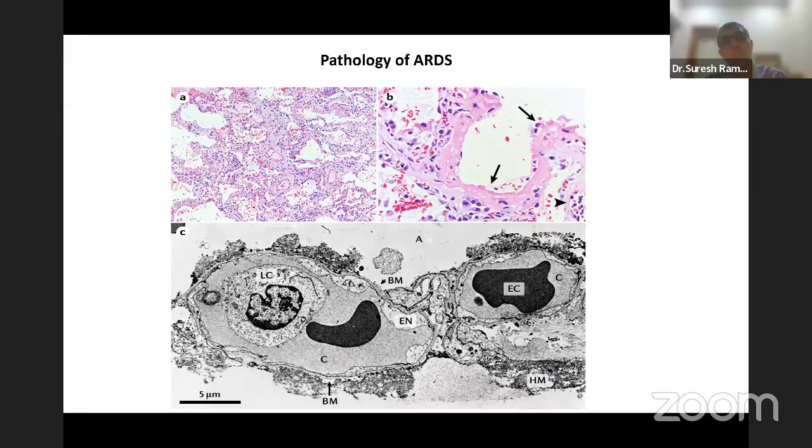And to extrapolate those things to the alveoli and try to open up all the alveoli is where these concepts come from. And this may not be possible in ARDS, because it's a heterogeneous disease, and the loss of surfactant and the denuding of the membrane may not be happening universally.